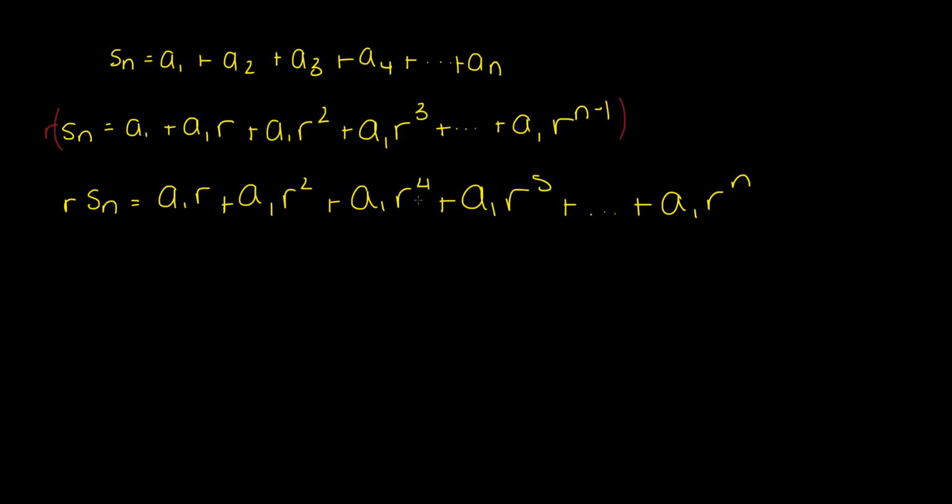All right, so the next thing I'm going to do is subtract the second equation from my original equation. So I'm going to take Sn minus R of Sn.